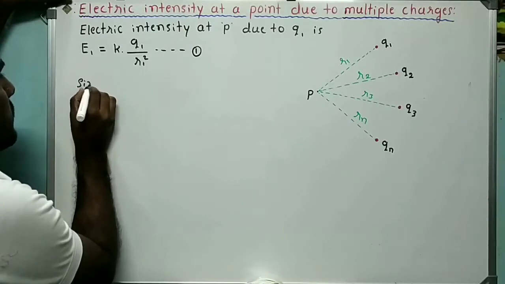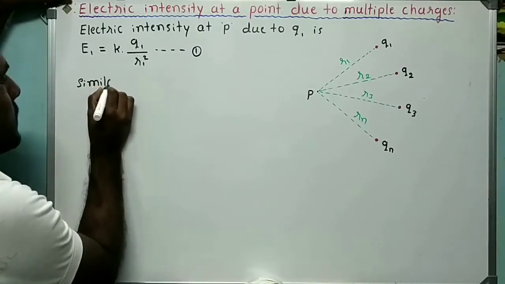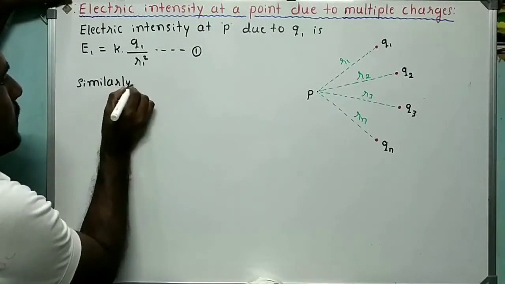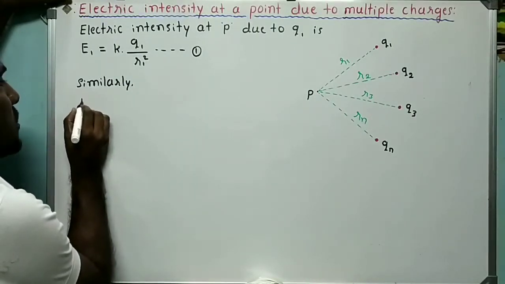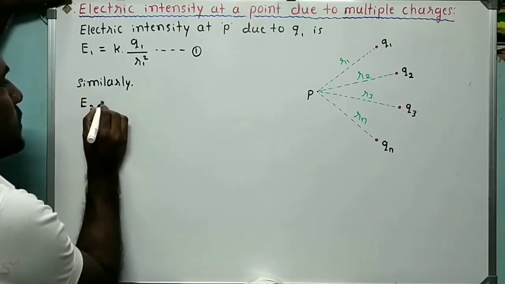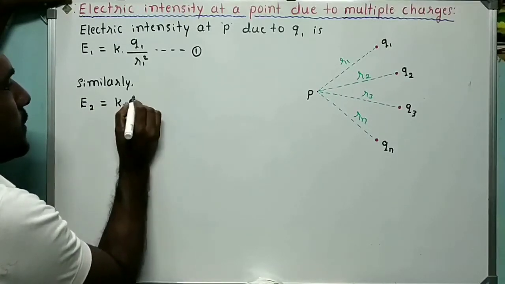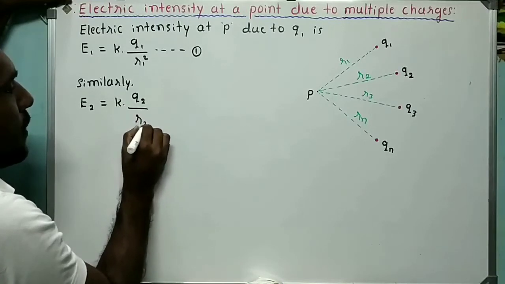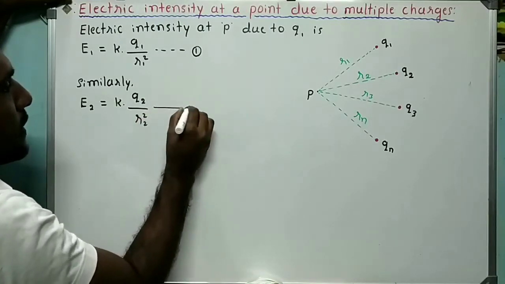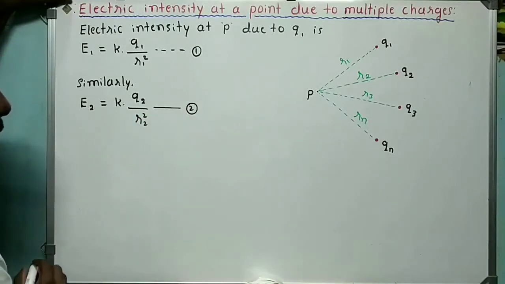Similarly, electric intensity at point P due to Q2 charge, E2, is equal to K into Q2 divided by R2 square, called equation 2.